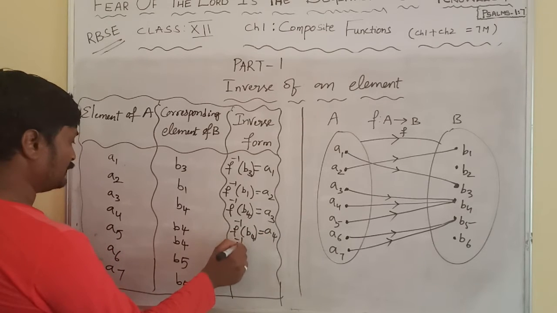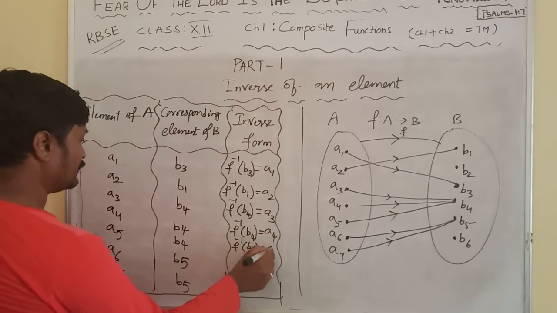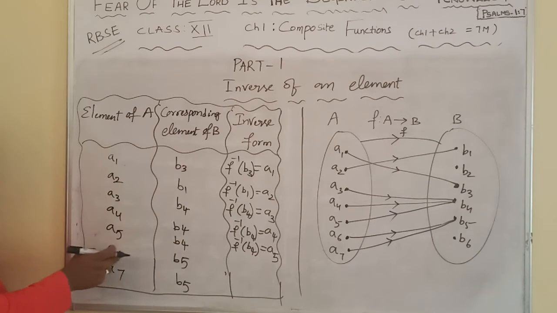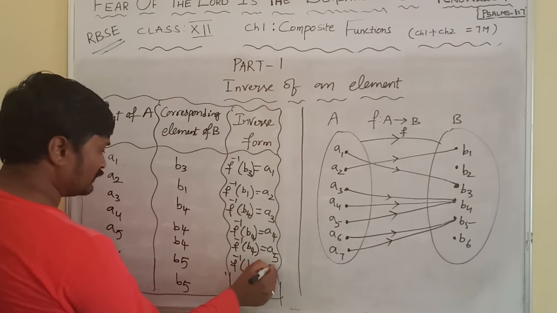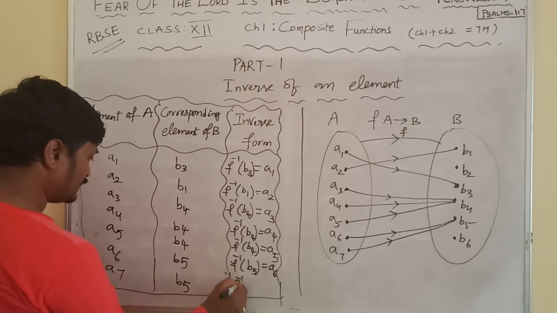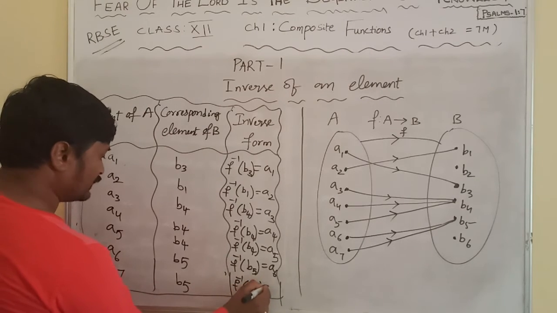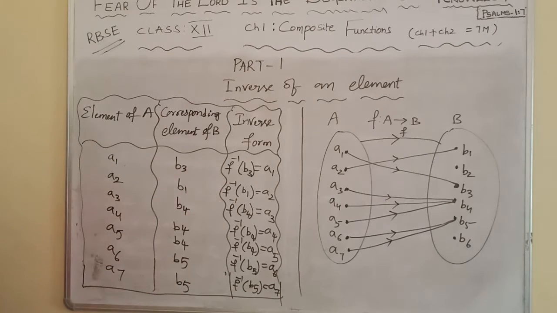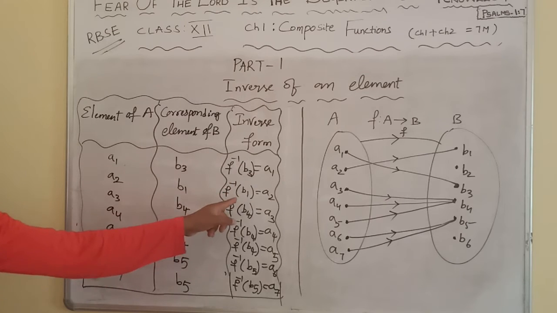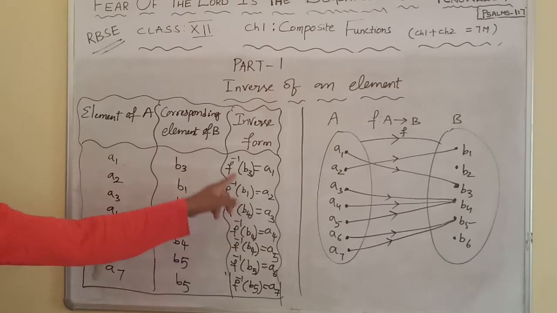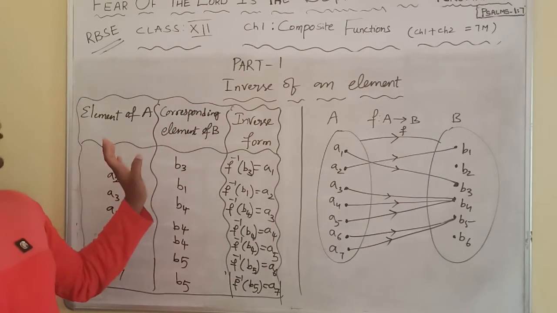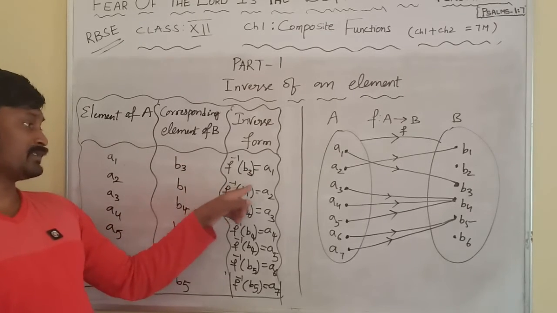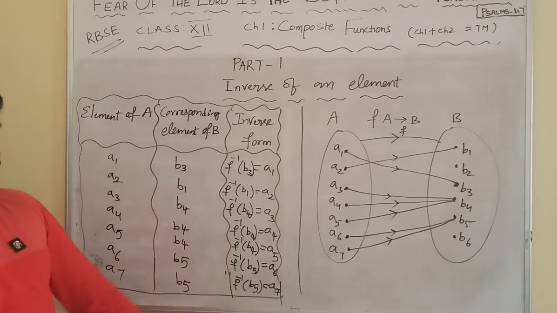F inverse of B4 is equal to A5. Same method next, F inverse of B5 is equal to A6. F inverse of B5 is equal to A7. So this is about the inverse form, or inverse of an element. The inverse of element B3 is A1, the inverse of element B1 is A2 under the function. So this is how to find the inverse of an element: f inverse of B3 is A1, f inverse of B1 is A2, and so on.